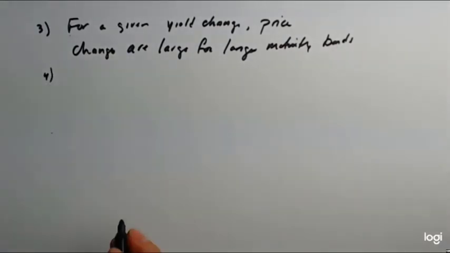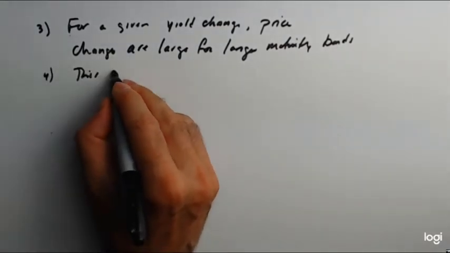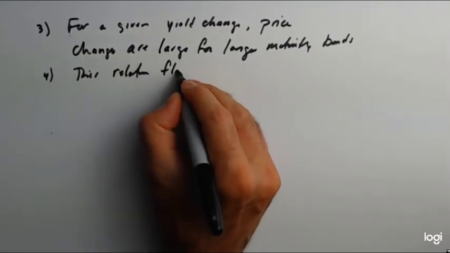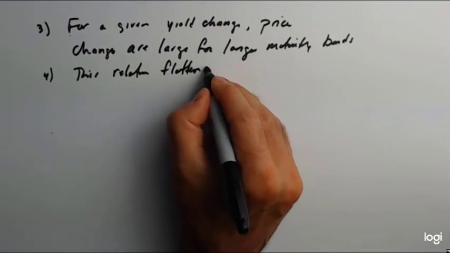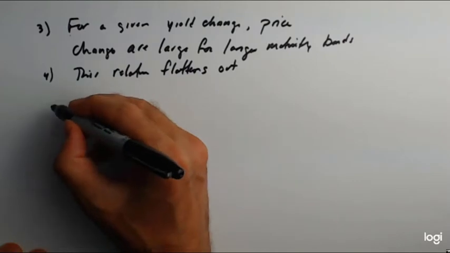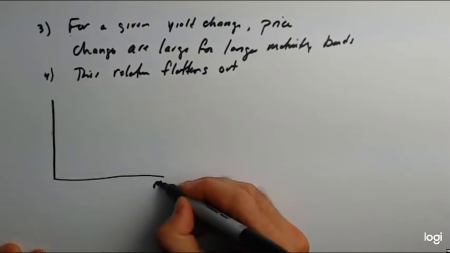And then the fourth one basically said this relationship flattens out. So graphically, what that looks like is this.